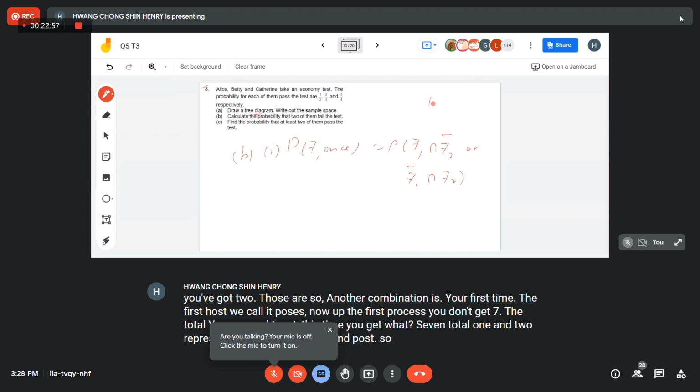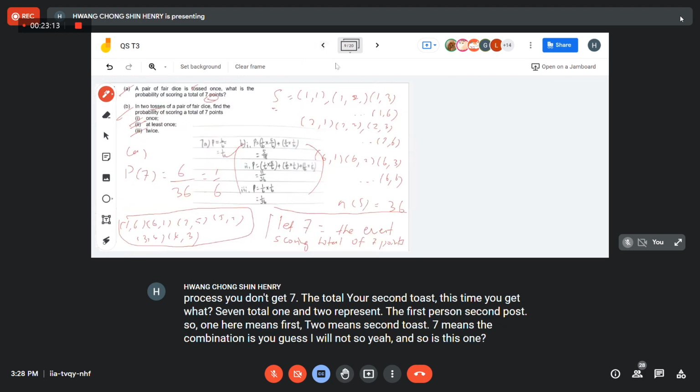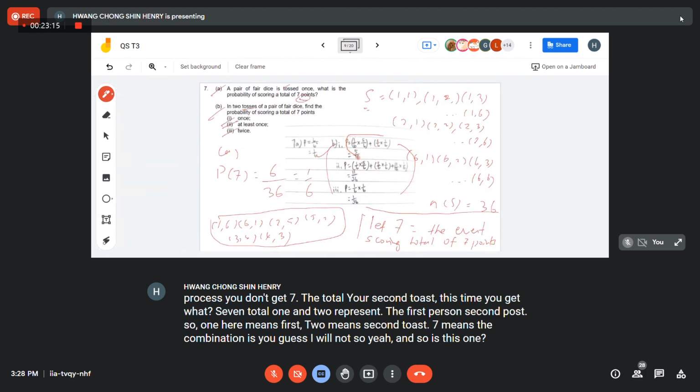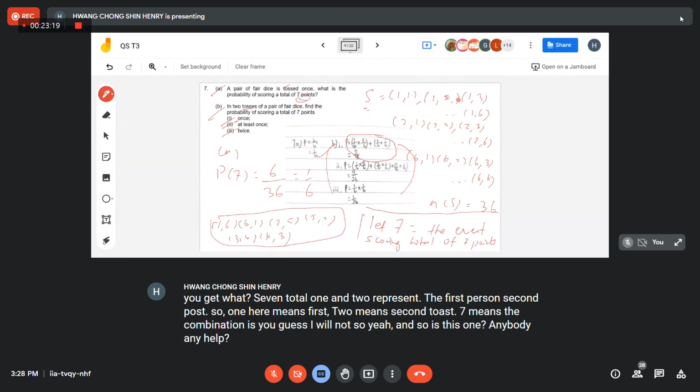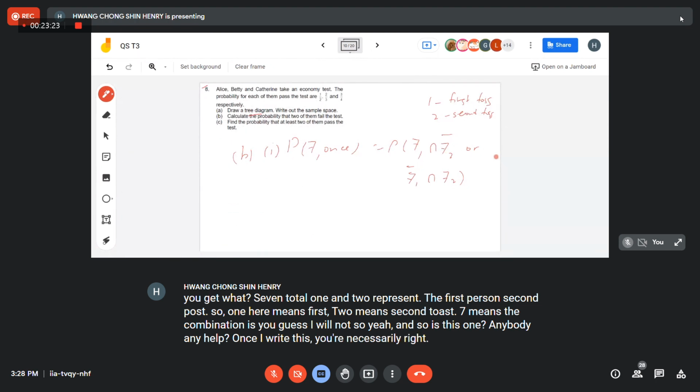So 1 here means first toss, 2 means second toss, and 7 means the combination is you get 7. Understand? So your answer is this one. Anybody need help? Once I write this, you understand already, right?